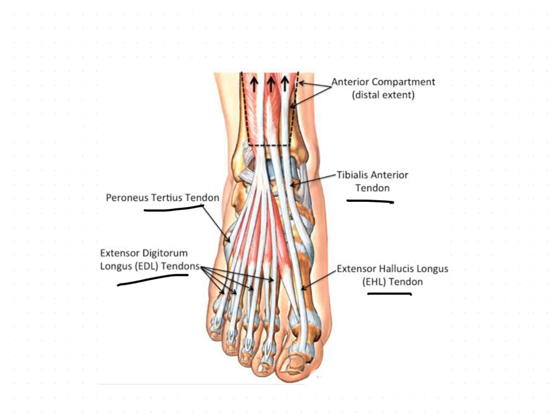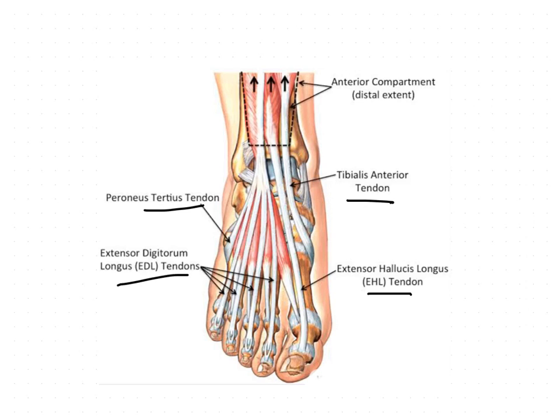These are the tendons we can observe on the dorsum of the foot along with the extensor digitorum brevis muscle. These are the muscle-related structures present on the dorsum of the foot.